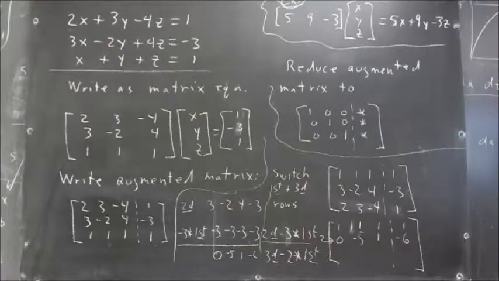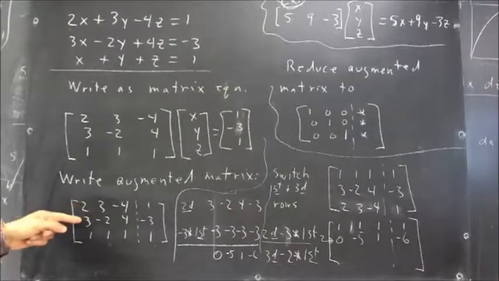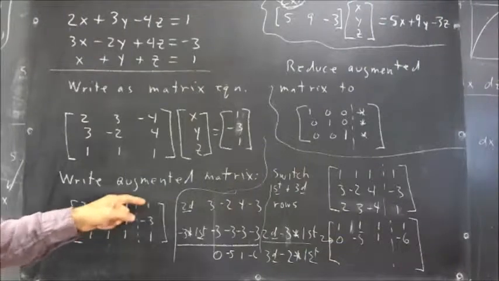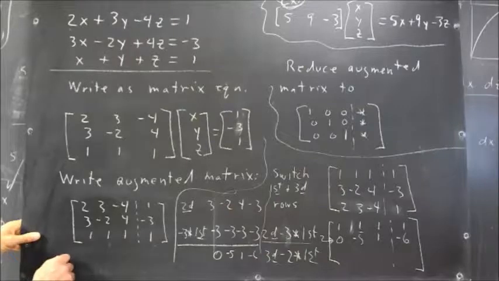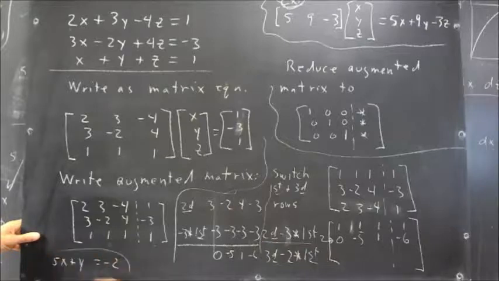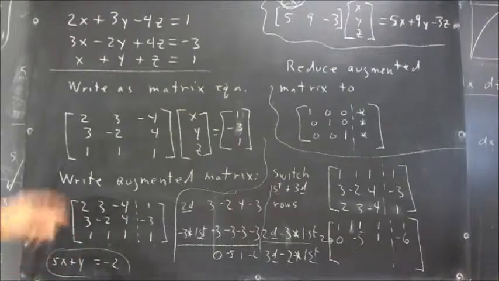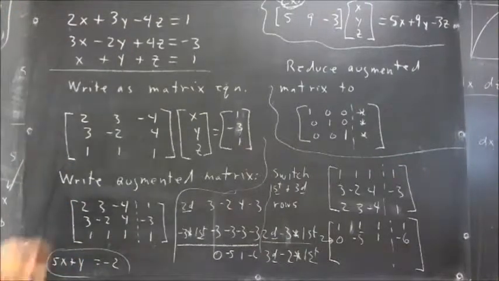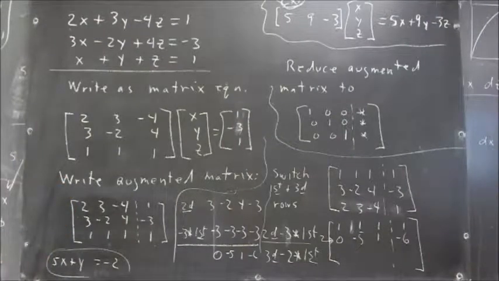So if we were to, say, add the first row and the third, we would get 5, 1, 0, negative 2. That would correspond perfectly to the 5x plus y equals negative 2 equation that we all got when we eliminated z from the first two rows of this system. So adding two rows, or adding multiples of two rows together, is going to give us a set of valid equations.